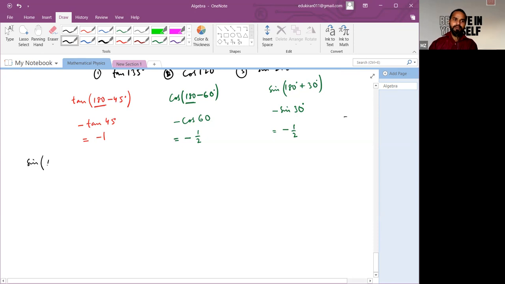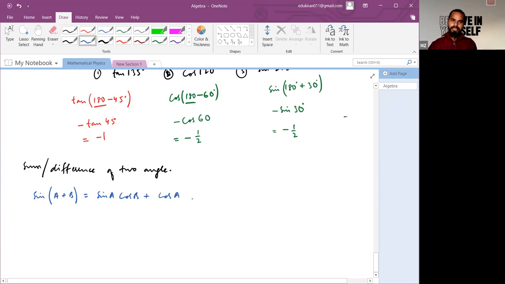Let's say sine of A plus B. First part is sine of A plus B. It will be sine A times cos B plus cos A times sin B. If there is a negative sign in between, it will be sine of A minus B, which is equal to sine A cos B minus cos A times sin B.